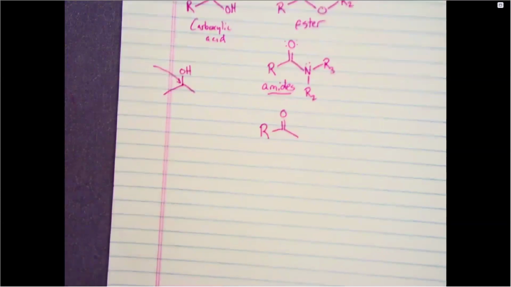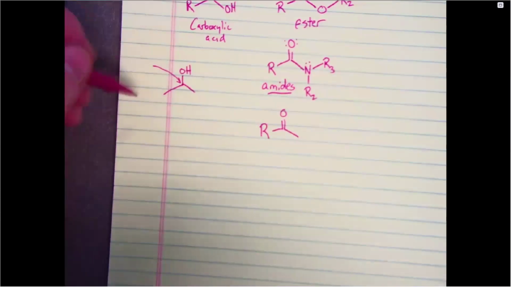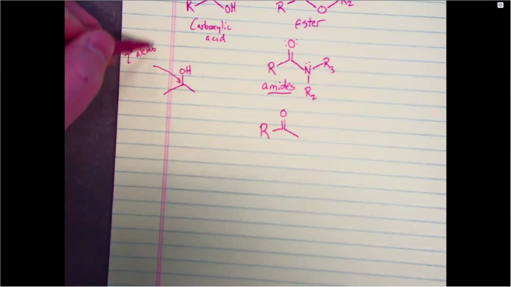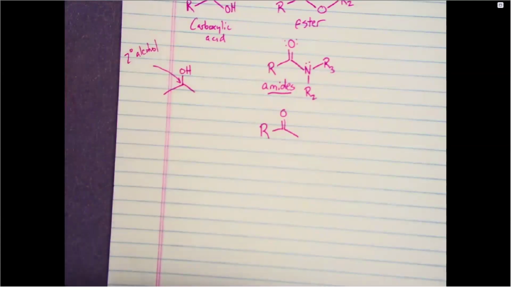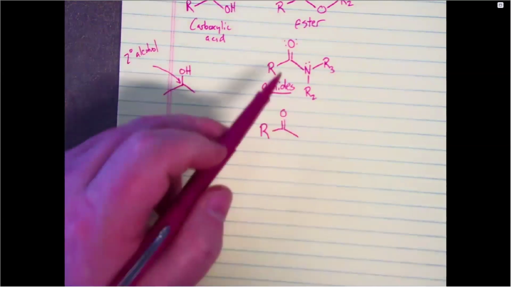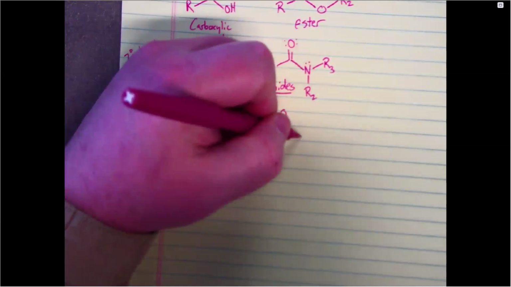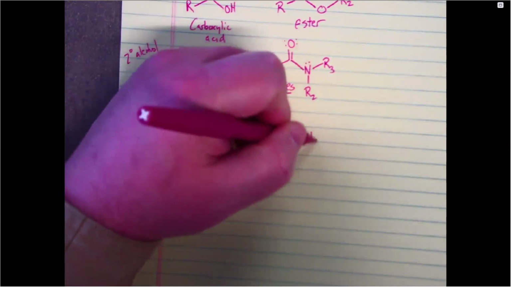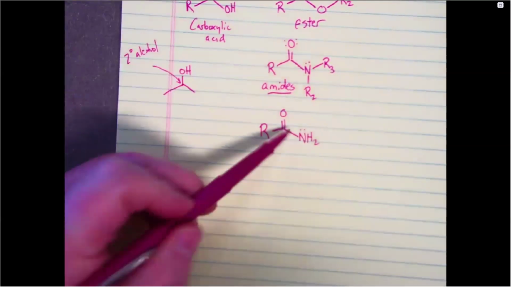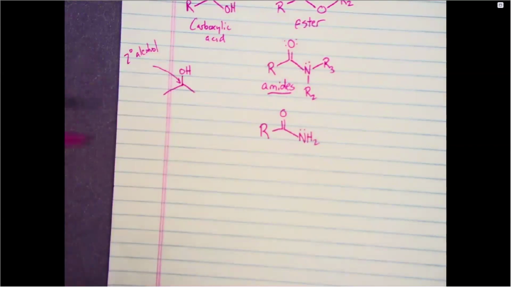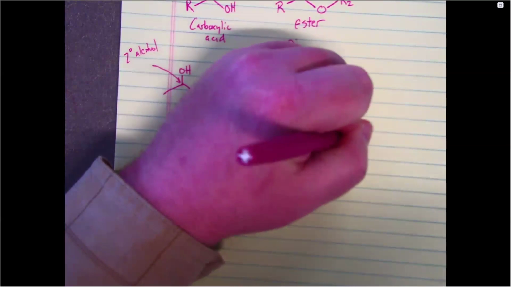Because that carbon is bound to two other carbons, we call it a secondary alcohol. We can use the same reasoning to distinguish between different types of amides. If our nitrogen was only bound to one carbon, the carbonyl carbon, we would call this a primary amide.